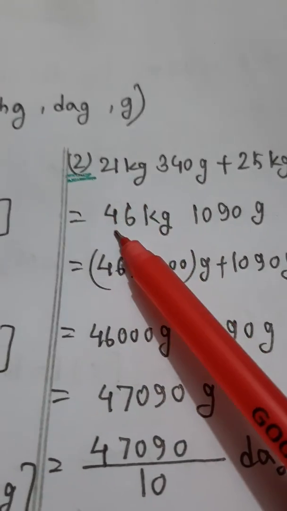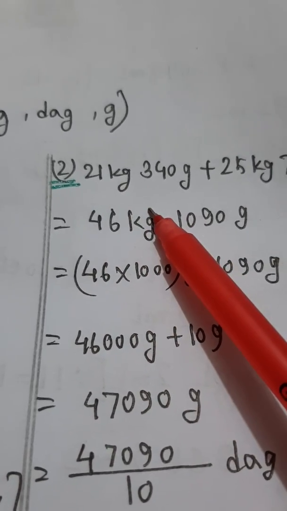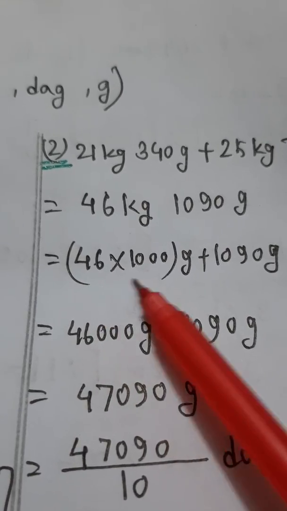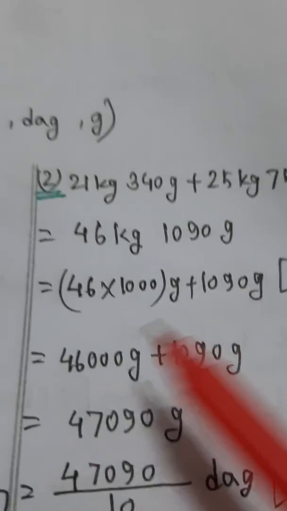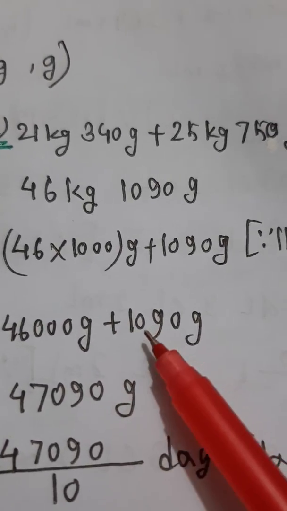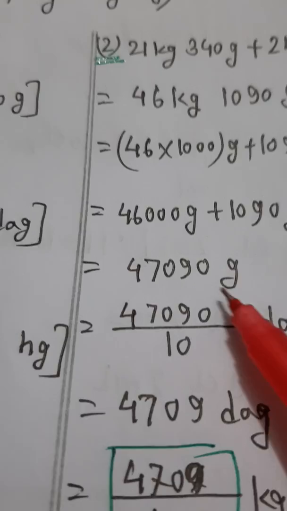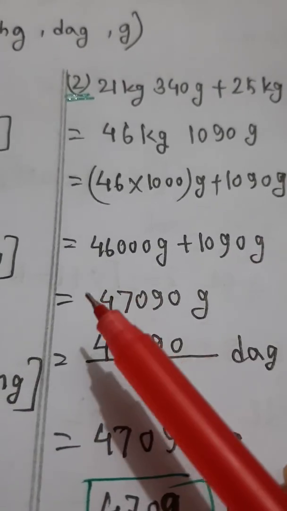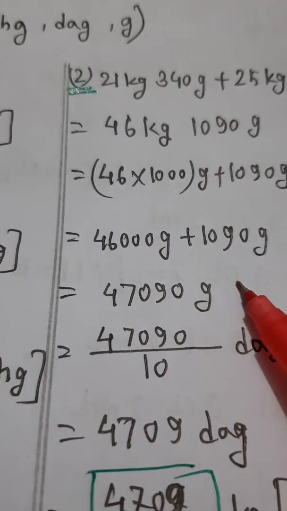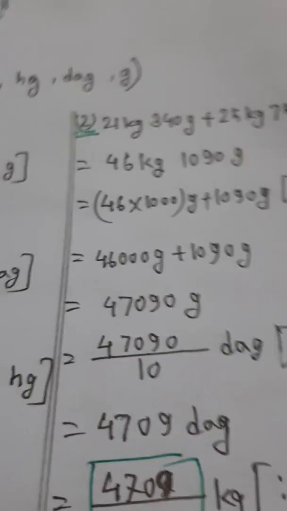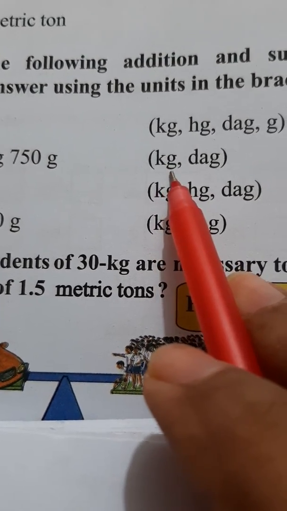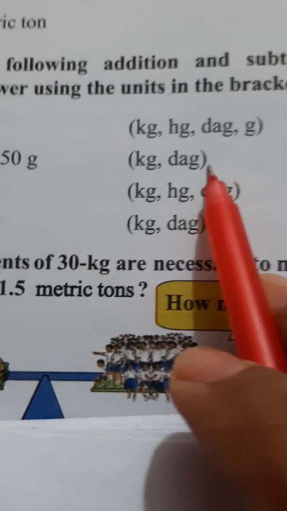Then 46 kg we express in gram. So we multiply by 1000, 46,000 gram plus 1090 gram. We add these 2 grams. Then we get 47,090 gram. Then we express the answer in the brackets, kg and decagram.